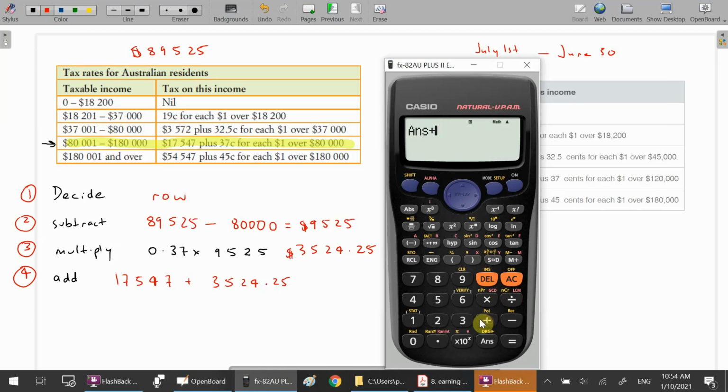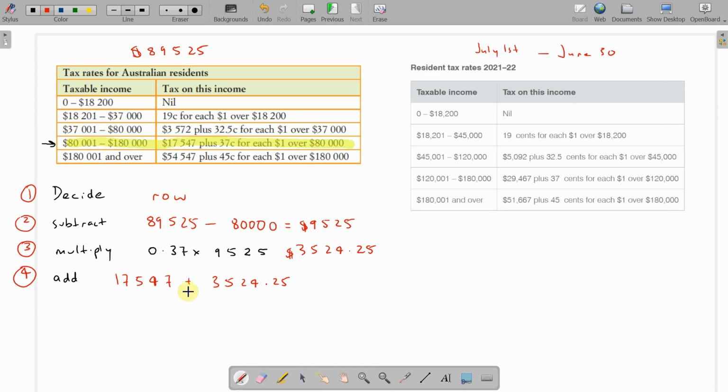All I'll do is just add 17,547 and 3524.25, which equals $21,071.25, and that's the amount we put here for the answer.